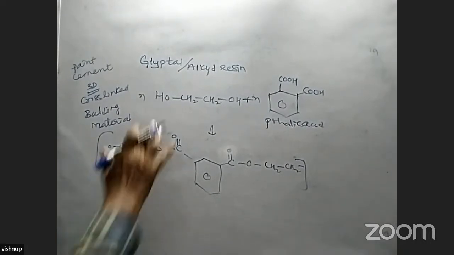The monomer units are ethylene glycol with phthalic acid.